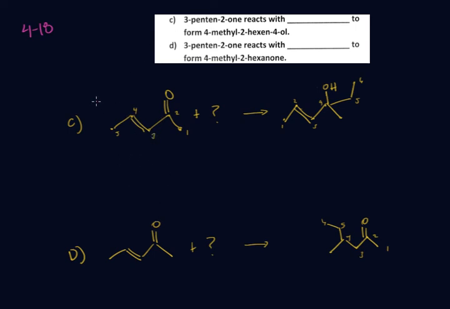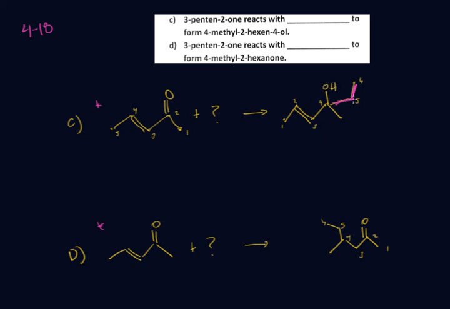So that's what I've drawn in both of these instances. And then in C, you're reacting with something, and I drew this so that it would be a little more obvious, but if you just straight up draw 4-methyl-2-hexen-4-ol, you might have to stare at it a little bit before it really resembles your starting product. But you can tell that this carbon group right here was added to the carbonyl carbon, and then the oxygen was eventually protonated.